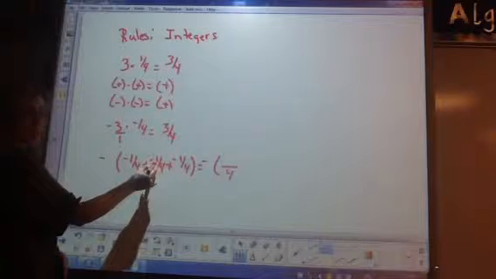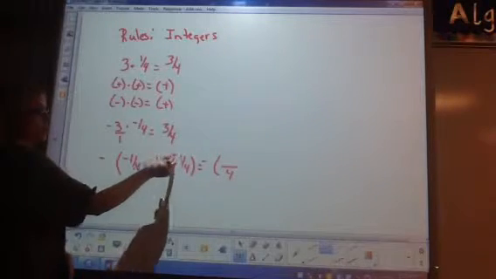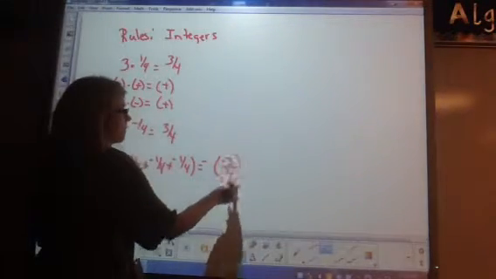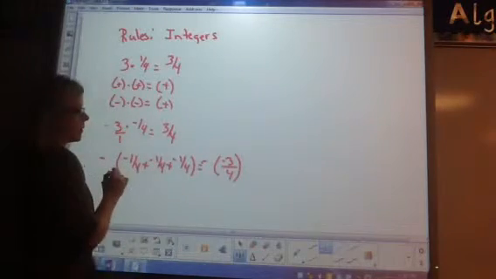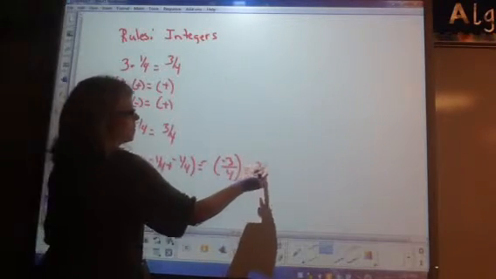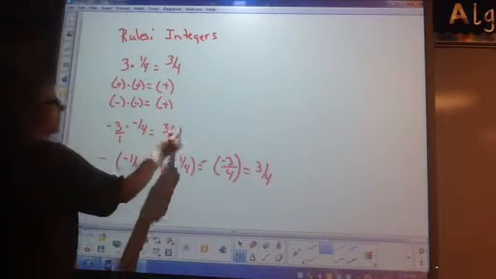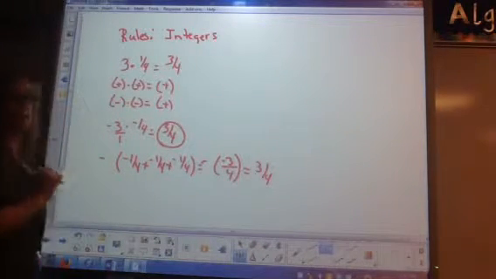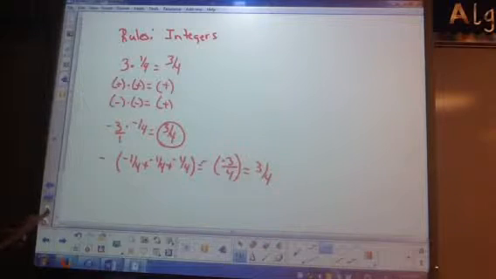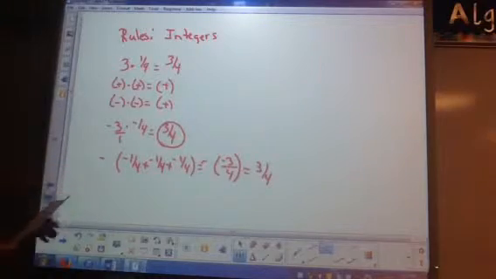Negative 1 plus a negative 1 is a negative 2. Plus a negative 1 is a negative 3. Well, what's the opposite of a negative 3? Positive 3. So that's how you get a positive when you multiply two negatives. Okay? So same sign is positive.